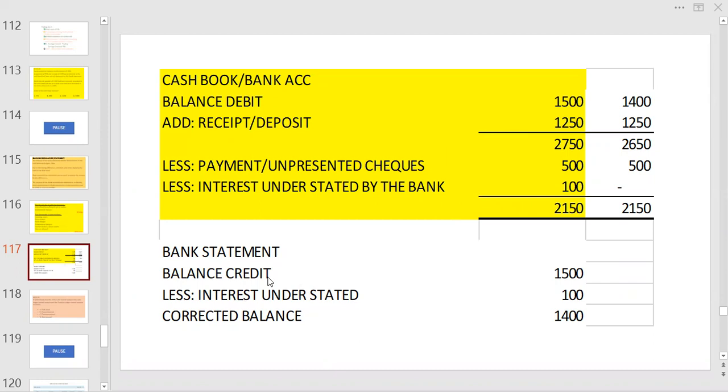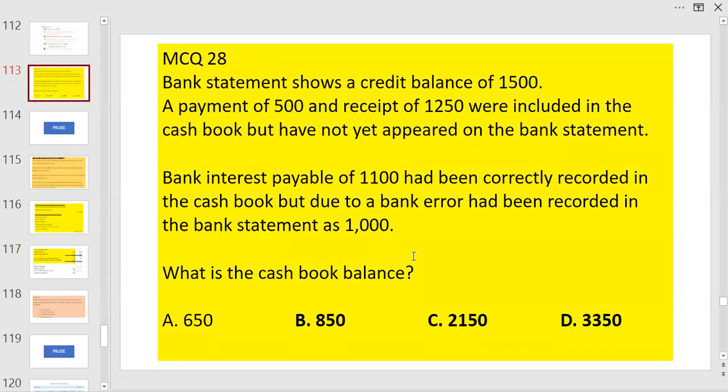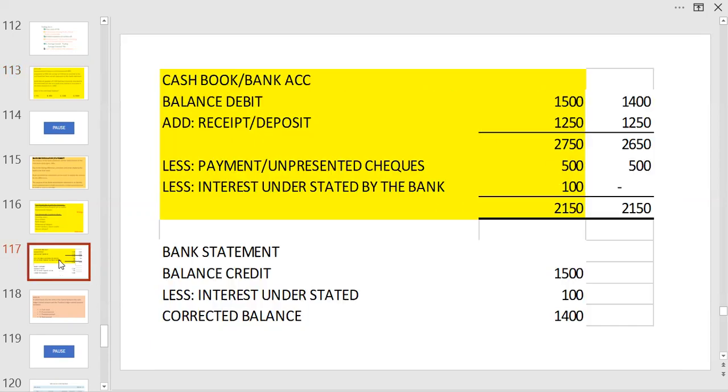Now, if you see here, what we have done here is the bank has understated the interest payable by 100. Instead of 1,100, they have, in the question they showed us, entered by error 1,000. So the bank has understated by 100. So the bank balance will have to be corrected if you are doing a reconciliation.